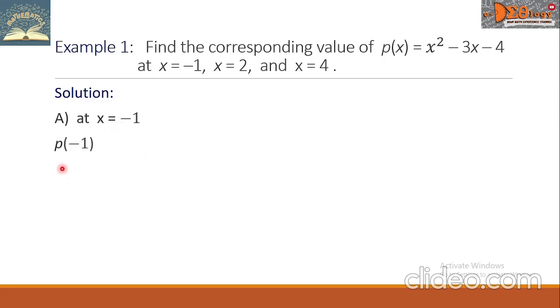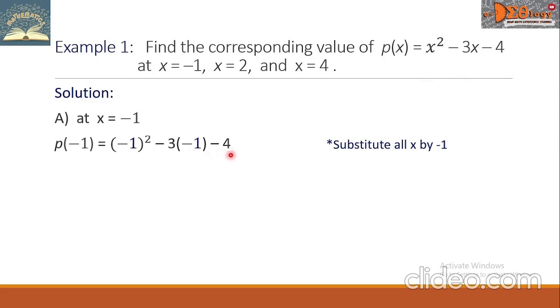In symbol, we write p of negative 1. The function p of x is given here. So what we're going to do is we substitute all x by negative 1. So the x squared becomes the square of negative 1 minus the 3x becomes 3 times negative 1.